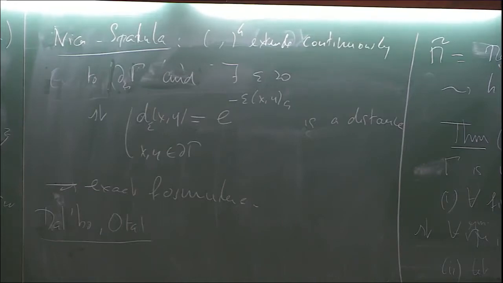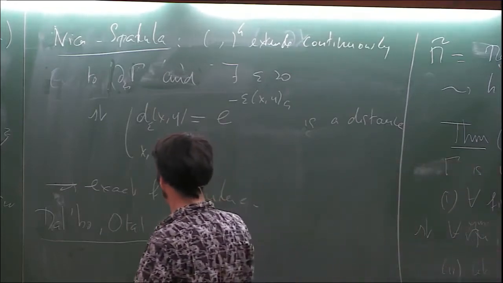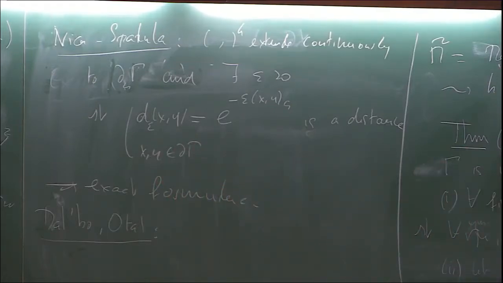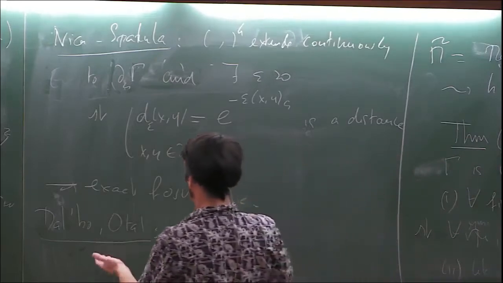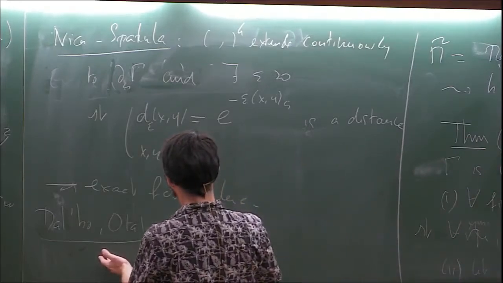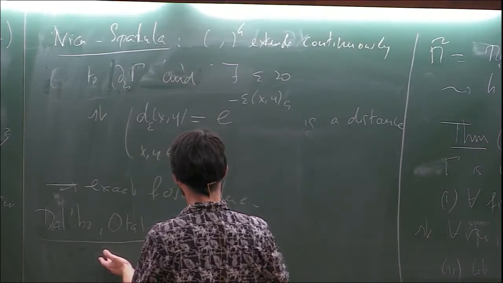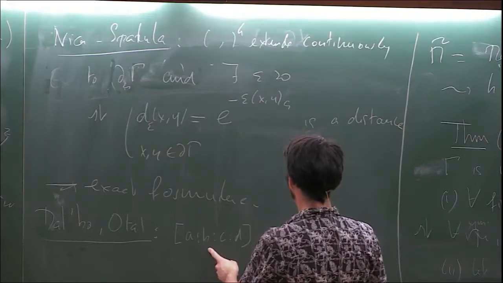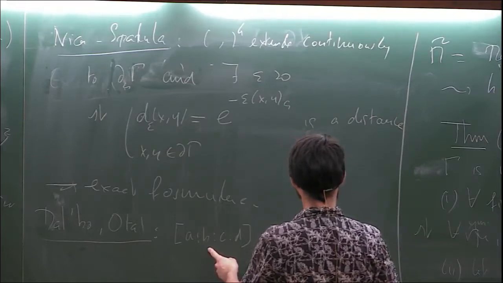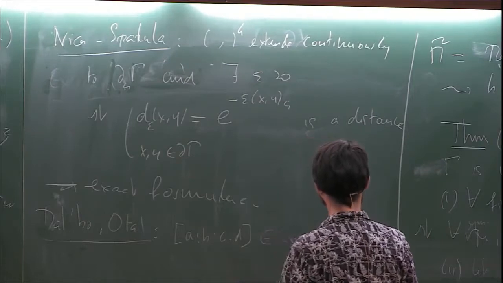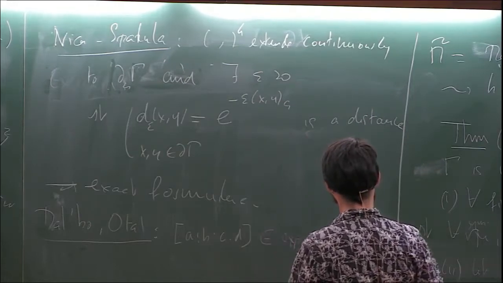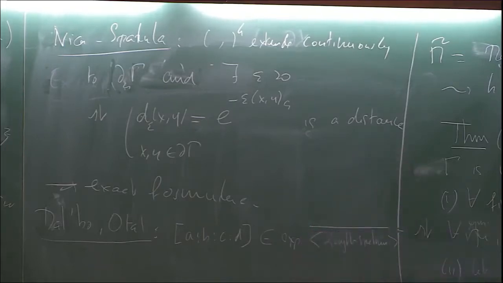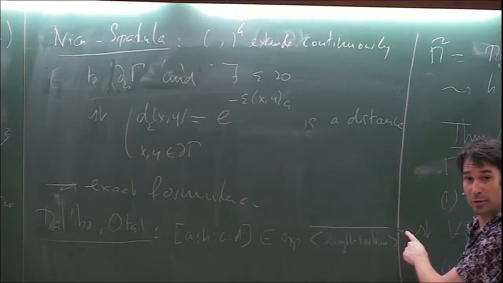The idea is the same, because she's using estimates of Bourdon and CAT(-1) stuff. What they show is that the cross ratio of 4 points belongs to the exponential of the closure of the length spectrum.